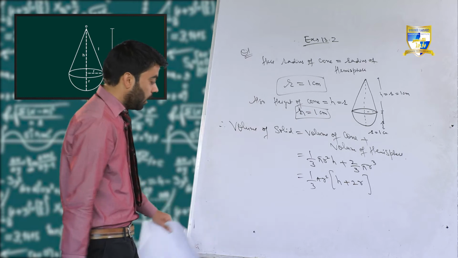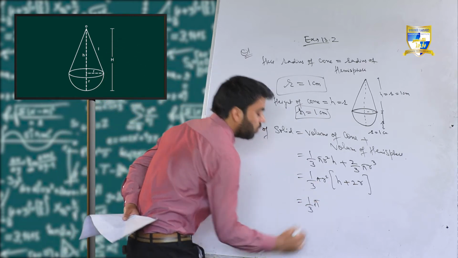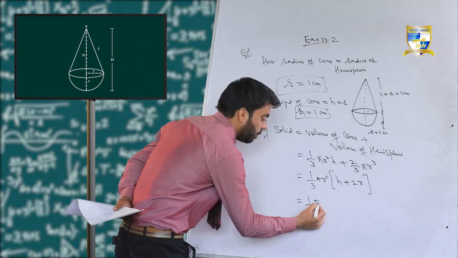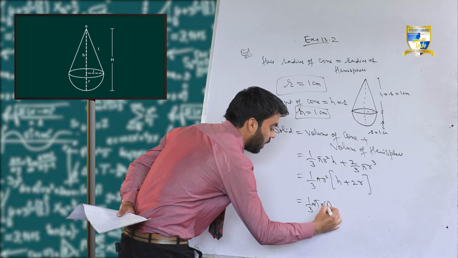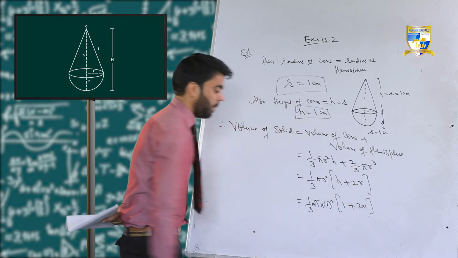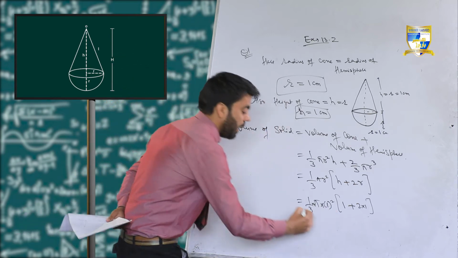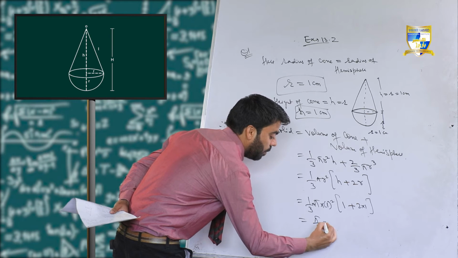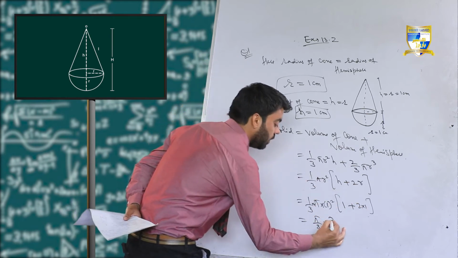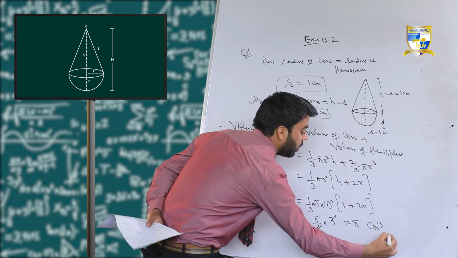Clear? So it's 1 by 3 pi. We are not supposed to substitute the value of pi because we have to find the answer in terms of pi. What is r? It's 1 square. What is h? It's 1. What is r? It's 1. So it will be pi into 1 square, that is pi, divided by 3, multiplied by 2 into 1, that's 2, plus 1, that's 3. The 3 got cancelled, it will be pi centimeter cube.